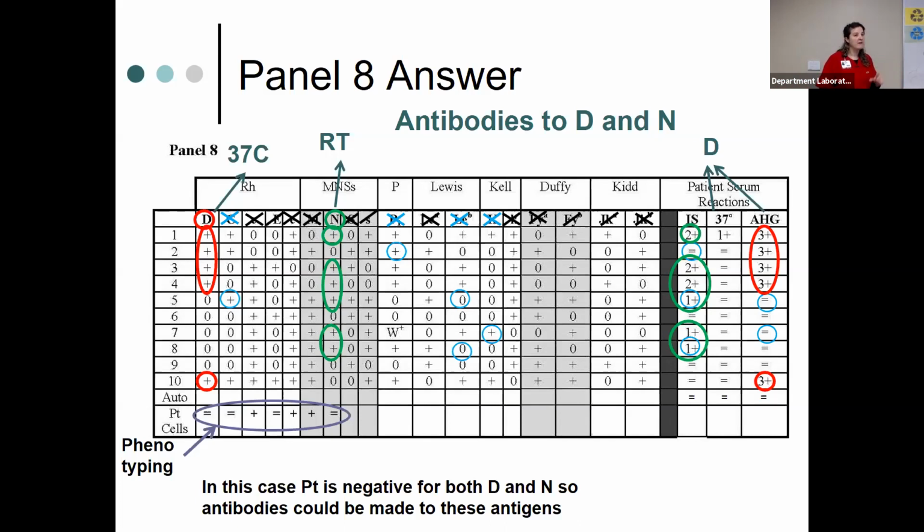Without having that reaction at AHG, we can possibly rule out big C. Again, you would definitely want to run some more select cells, D negative, N negative, big C positive to rule it out as well, all right? But this one cell right here where big C is positive and we have a negative reaction at AHG, this is panel cell 5, that lets us know big C is not reacting there.